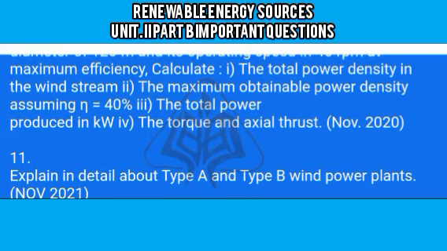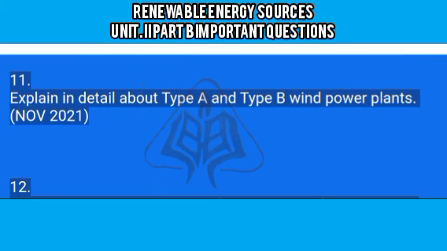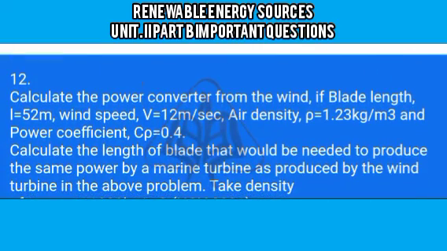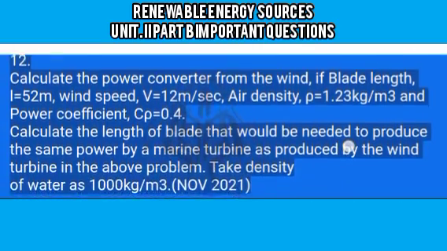November 2020. 11. Explain in detail about Type A and Type B wind power plants. November 2021. 12. Calculate the power converted from the wind, if blade length L equals 52 meters, wind speed V equals 12 meters per second, air density ρ equals 1.23 kilograms per meter cubed and power coefficient Cp equals 0.4.